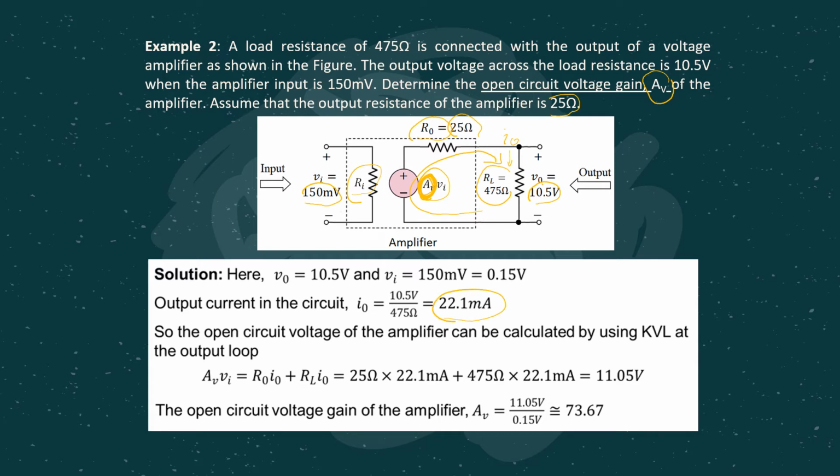Please take note that this loop, when I mention one closed loop here, is related to the output loop, and this loop is related to the input loop, but in this case the input is open.